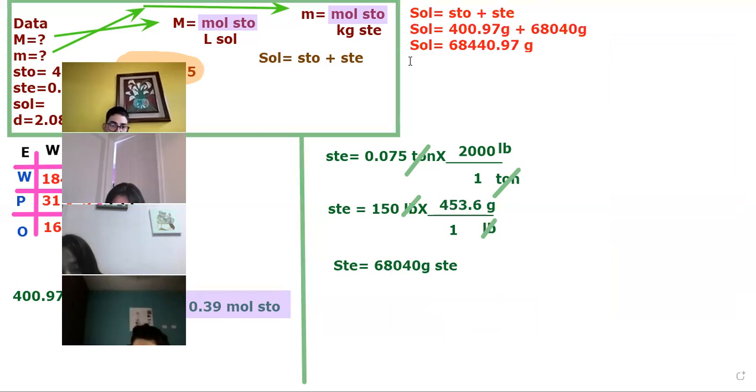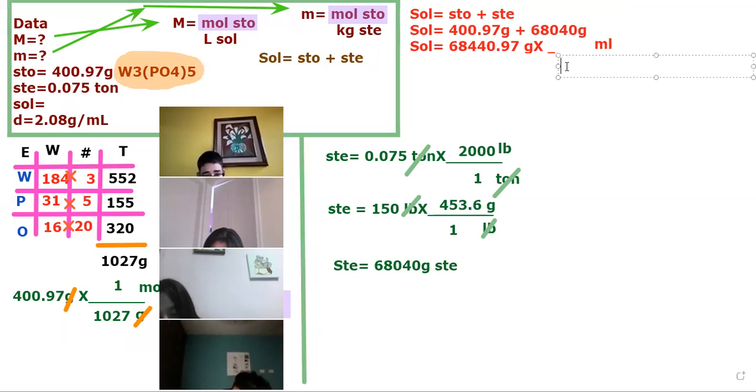Okay, we are very close because we have grams of solution, but we need to obtain liters of solution. What do we need to do? Right now, we are going to multiply this solution times the density, that is grams over milliliters. But in this case, we have grams down, that is 2.08, and only one here up.